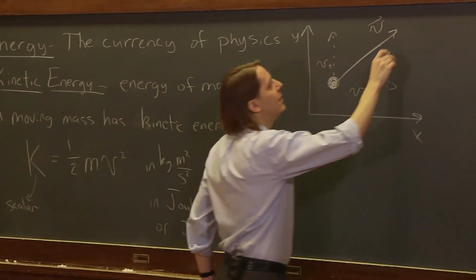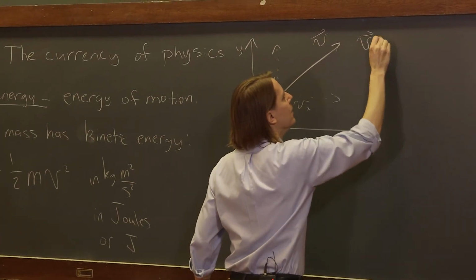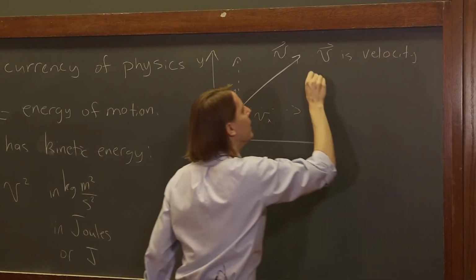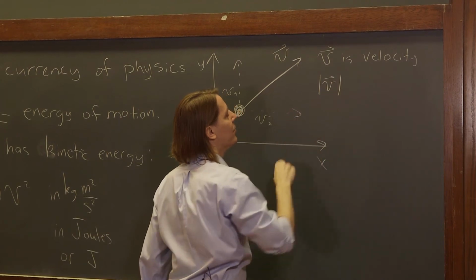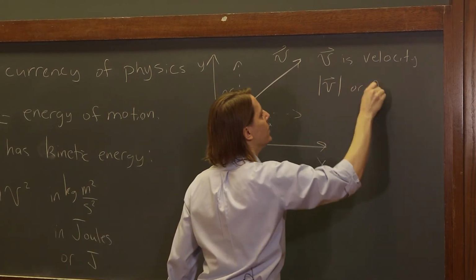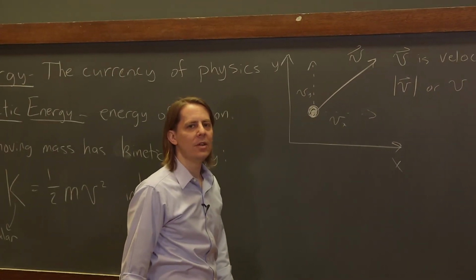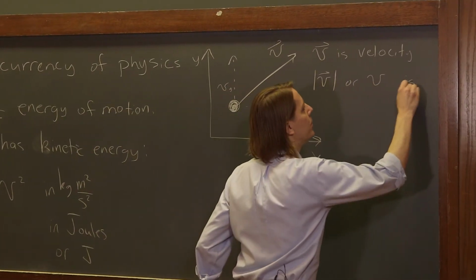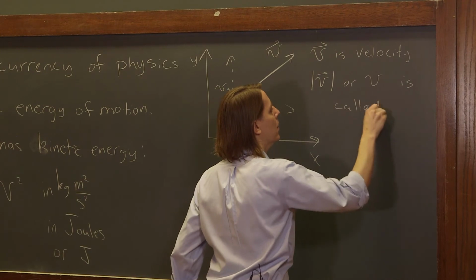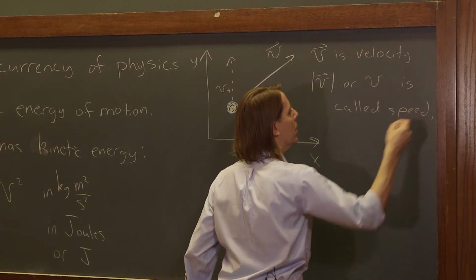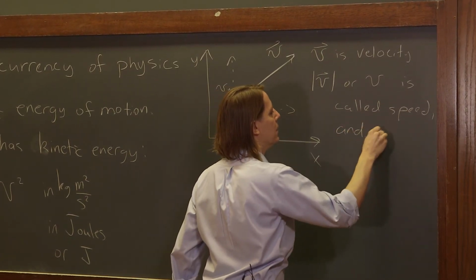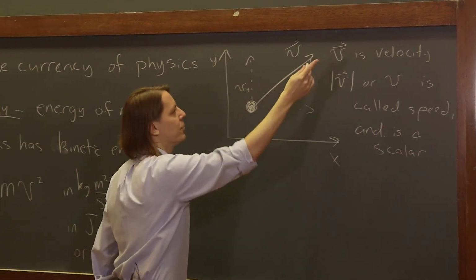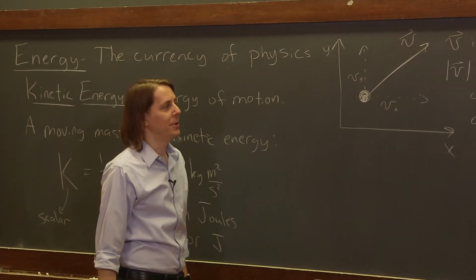But v, the vector, is velocity. The magnitude, the amount of velocity he has, or just v, sometimes we're lazy and we indicate the magnitude by just leaving off the vector symbol, is usually called the speed. And it is a scalar, because it's really just the vector without the direction information.